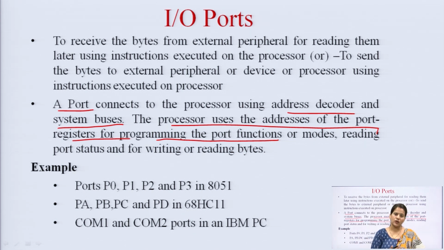So, these things we have to note. And how can we configure the ports? We can configure the ports using the registers which are particular to those ports, and these are available along with the ports in every microprocessor or microcontroller. So, we should have the knowledge of those registers also, because we need to configure them to use the ports.